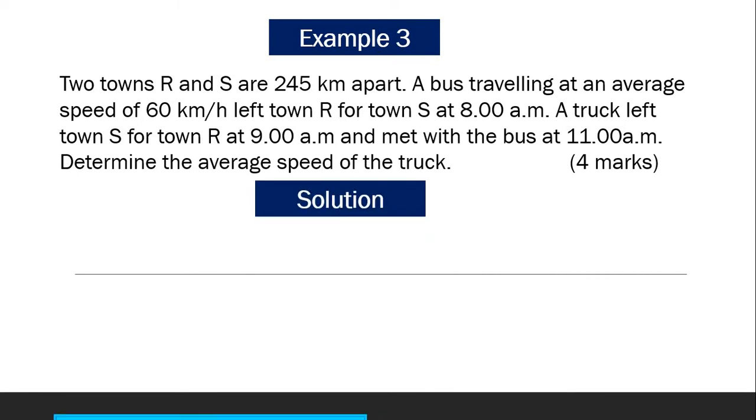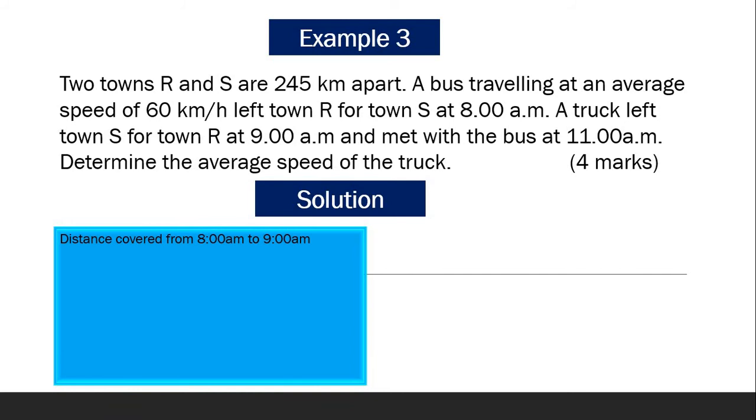Okay. So now, the distance covered from 8 a.m. to 9 a.m. by the bus is given as speed times time. So the speed is 60 kilometers per hour times 1 hour. That means 60 kilometers. So we have the distance covered by the bus.